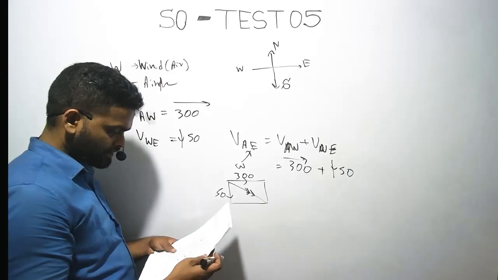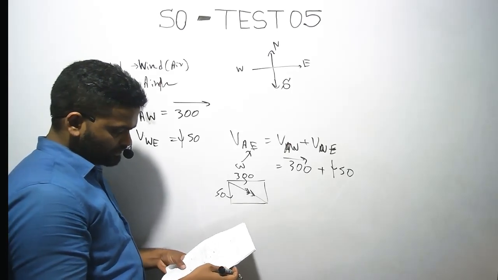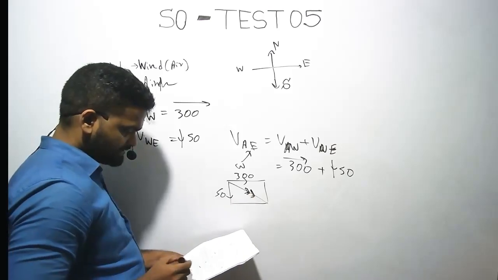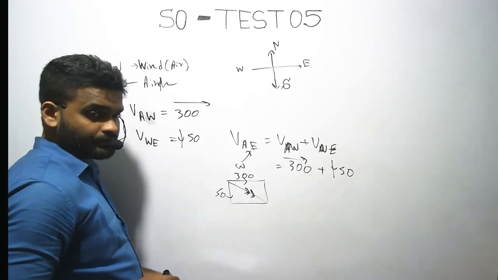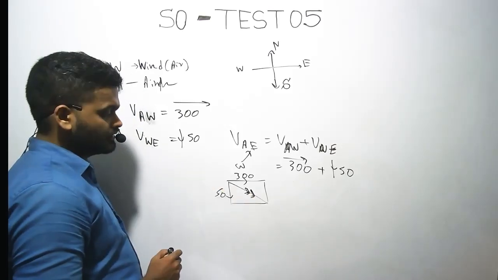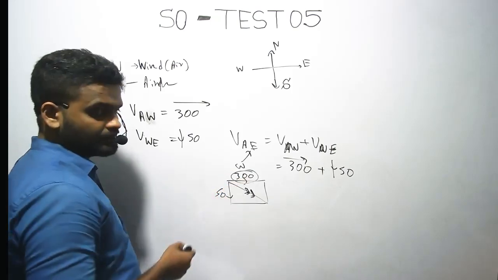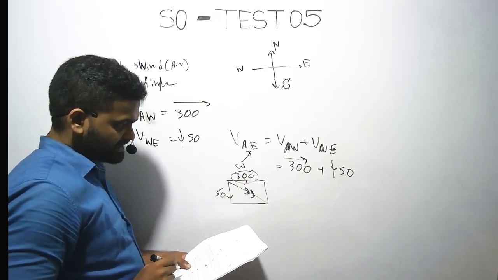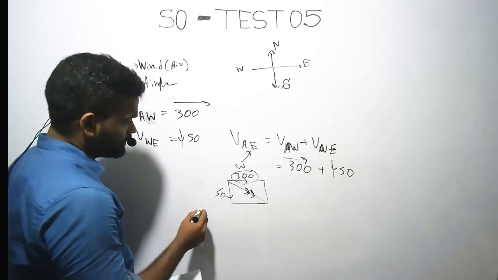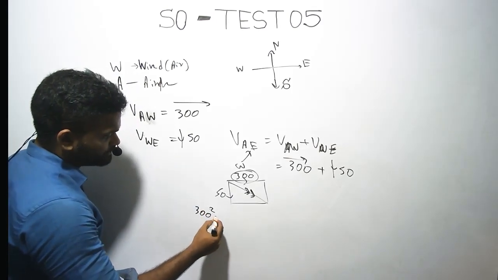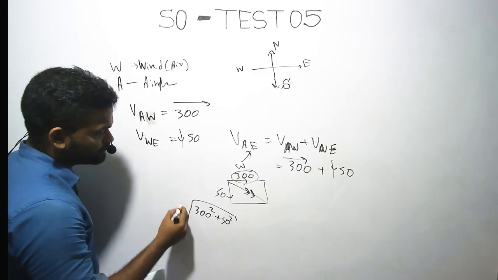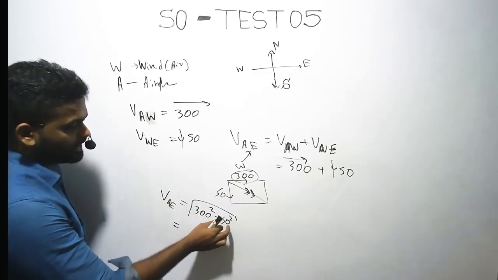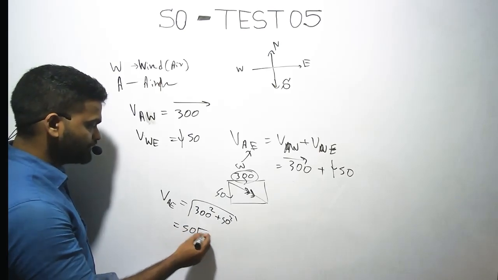Obviously this length should be larger than 300, but less than 350. So it is the root of 300 squared plus 50 squared. That is the answer, VAE.